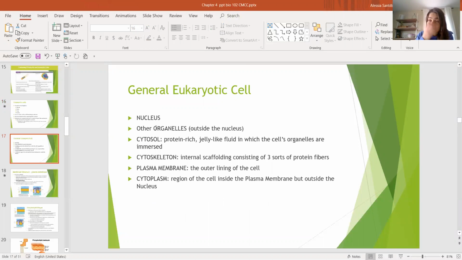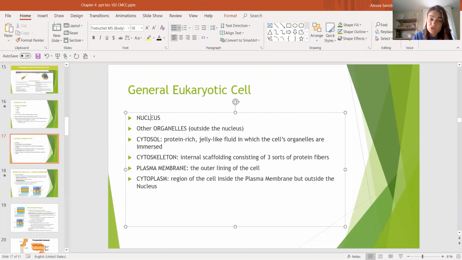So when we look at the eukaryotic cell in general, we find a nucleus, which is the membrane-bound organelle that stores DNA. We have other organelles outside the nucleus. We have the cytosol. This is just the jelly-like fluid in which the cell's organelles are immersed. We find the same kind of cytosol, that jelly-like fluid, in bacteria.